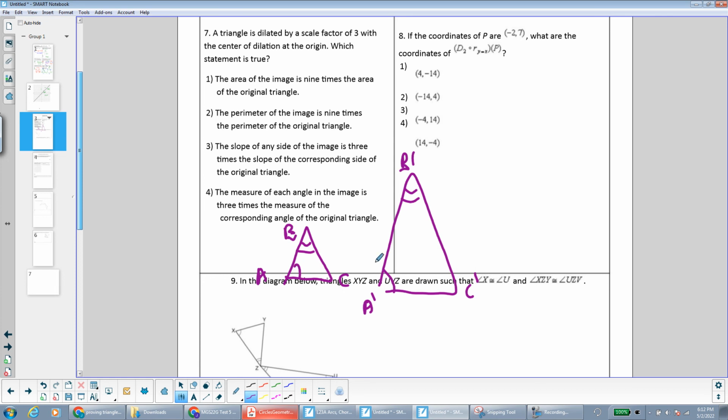And if 2 angles are congruent to each other in a triangle, then the third corresponding angles have to be congruent as well. They have no choice because all the angles in the triangle need to add to 180. So this is not true.